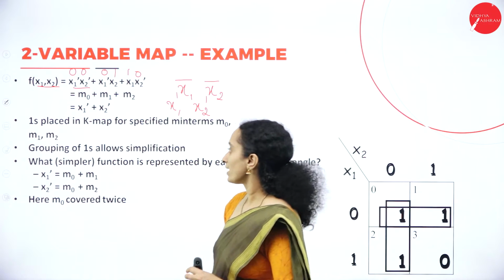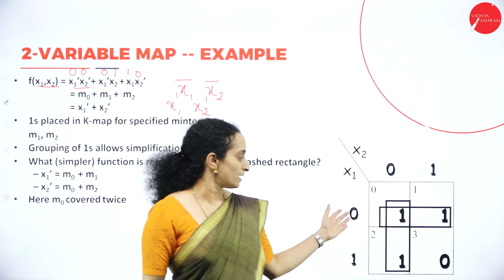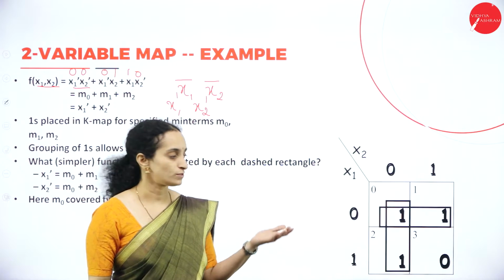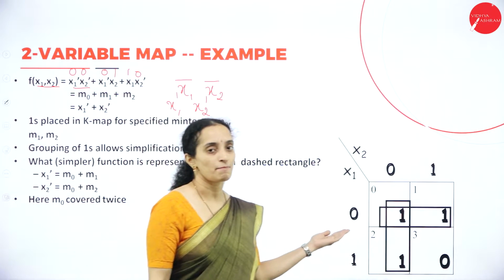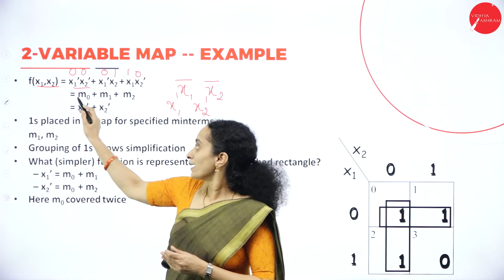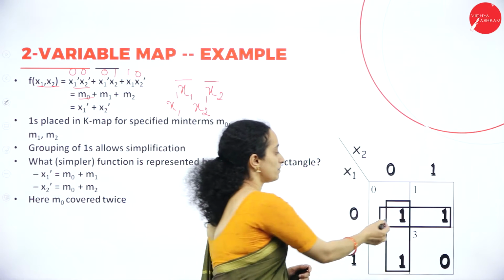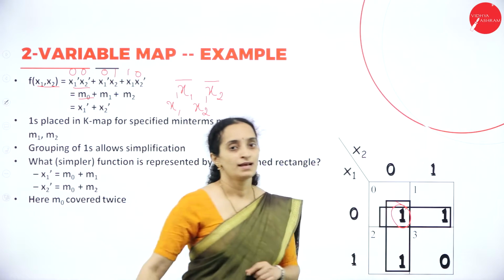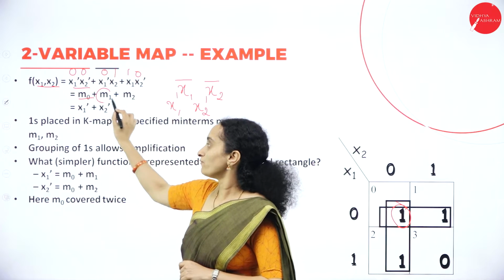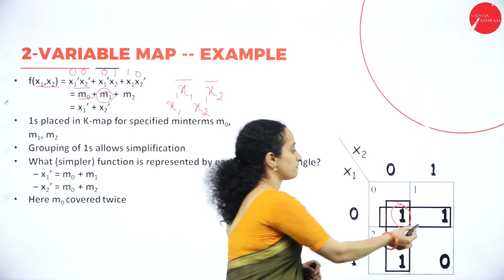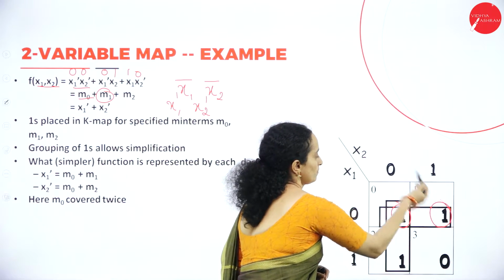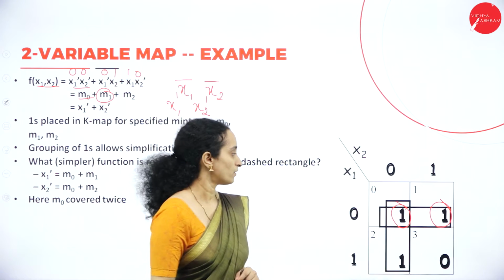How you can simplify is by placing those values in the K map. First one is m0; m0 will be placed here. Next is m1, which can be represented here.